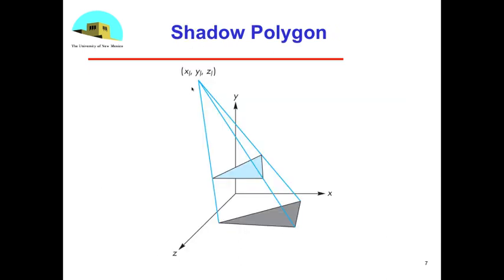So here's a light source, and here's the three vertices, and this little blue polygon, a triangle, is being projected. And let's assume that we have a flat surface, or we have a flat world. This might be something like a desert terrain where it's very flat.